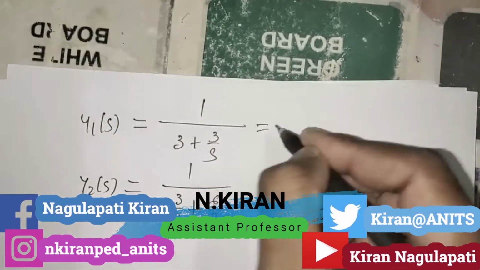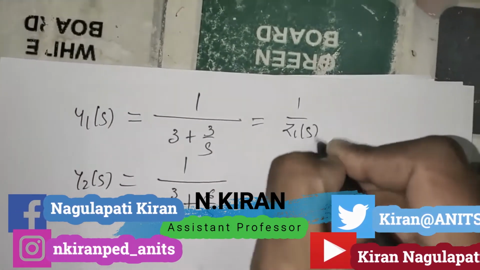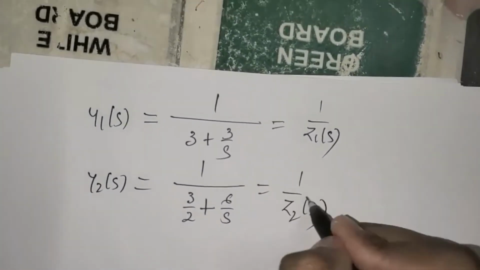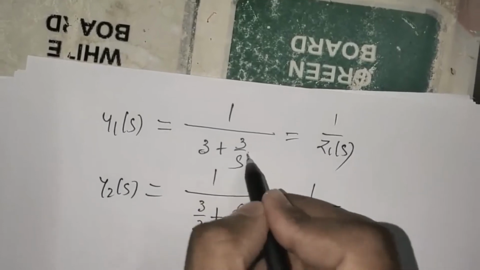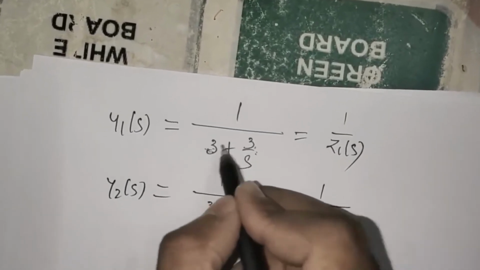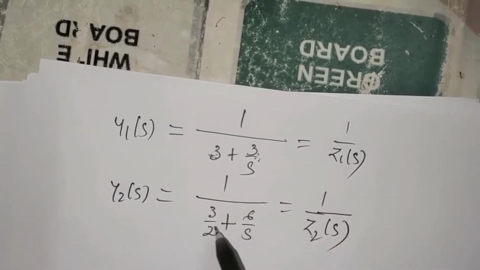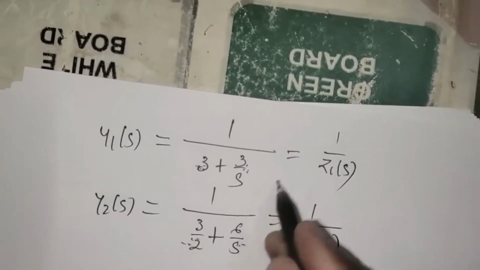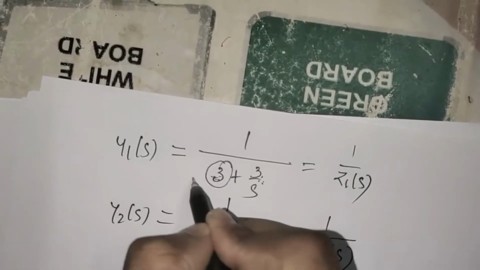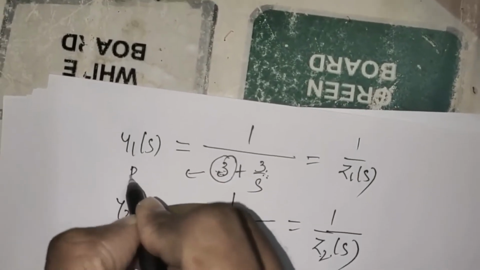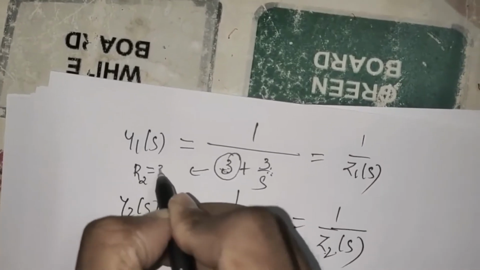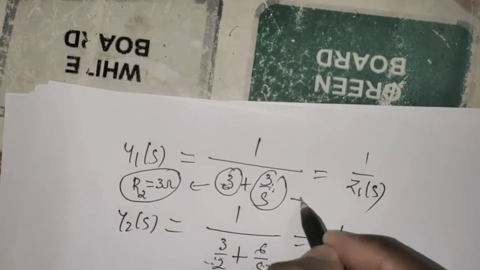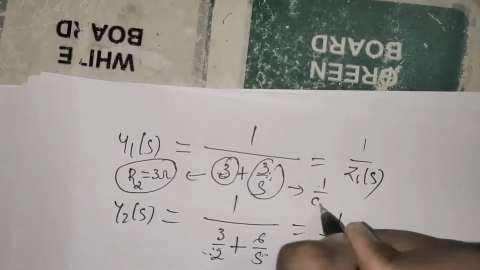So this I can write as 1 by Z1, and this I can write as 1 by Z2. So impedances are being added, so these two terms are in series, and here also impedances are being added, so these two terms are in series. So since this is impedance, it indicates R value is 3 ohms, and this is in the form of 1 by C1s.